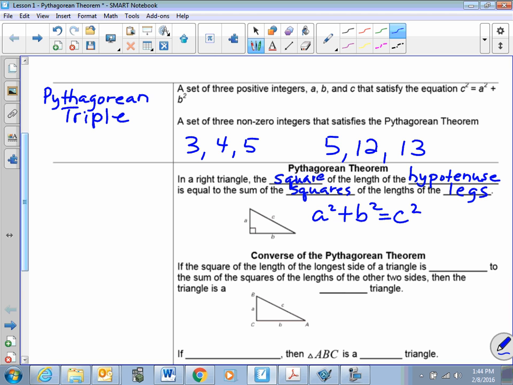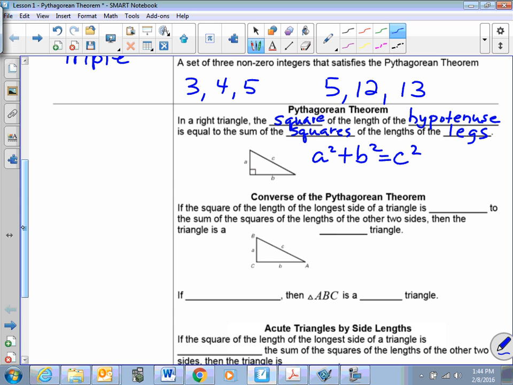All right, so what is the converse? Well, the converse is going to say that if we've got a triangle, and we know that the square of one side is equal to the sum of the squares of the two other legs, then we're going to be able to say it's a right triangle. So if the square of the length of the longest side of a triangle is equal to the sum of the squares of the lengths of the other two sides, then the triangle is a right triangle.